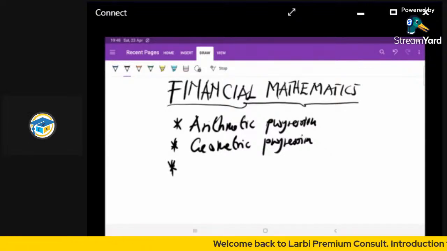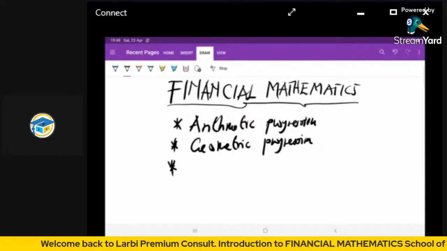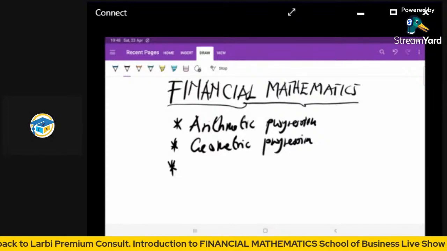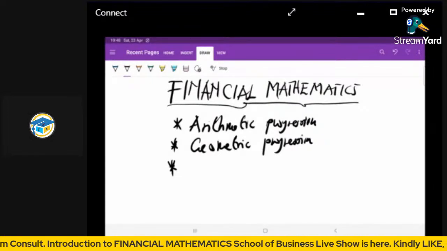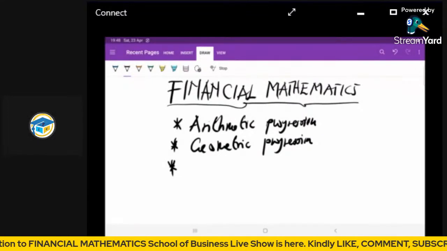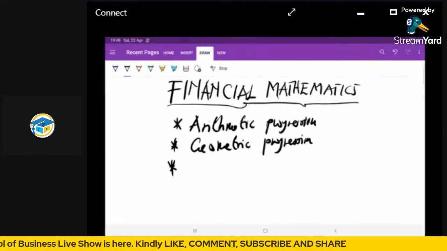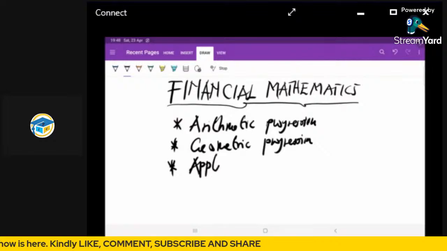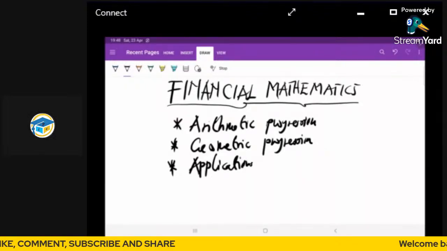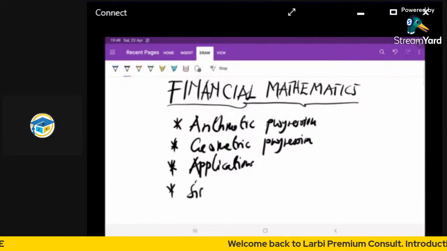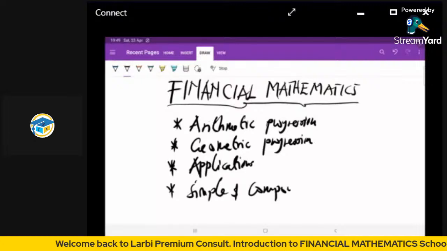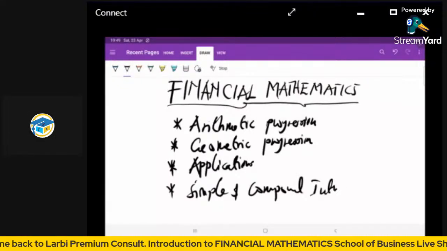That is what we need to understand when it comes to financial math. First of all, we start with arithmetic progression as a key mathematical model to help us solve financial problems, and move on to geometric progression. We're also going to talk about their applications, and about simple and compound interest, and others.